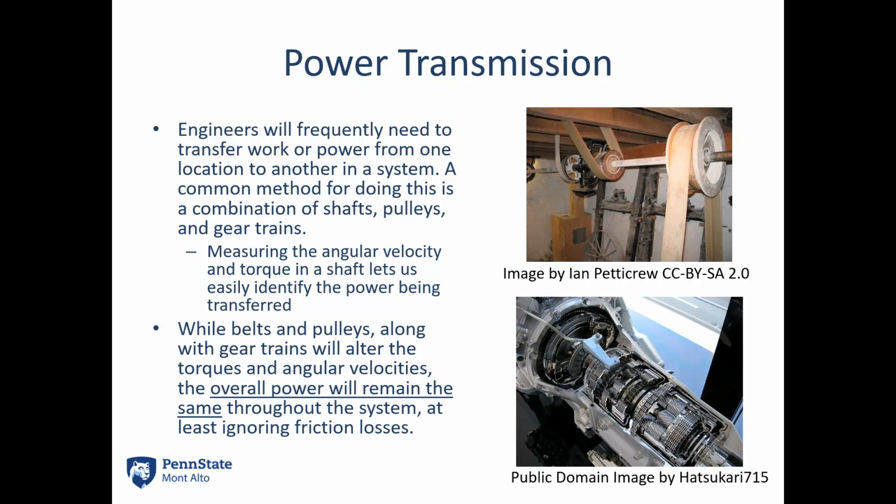The interesting thing with power is that while belts, pulleys, and gear trains change those torques and angular velocities, the overall power remains the same at any one point. Belt and pulley systems and gear trains conserve power through the system, at least if we ignore friction. There are always going to be some frictional losses, but if we minimize them, power is going to stay constant through our system.